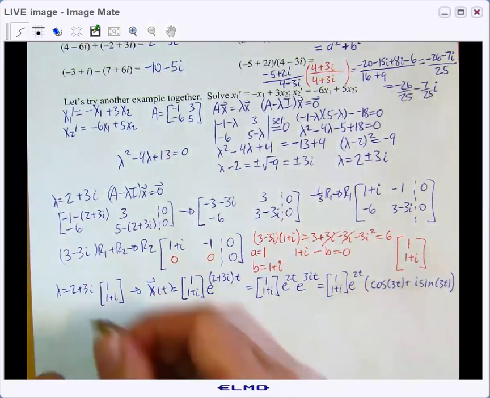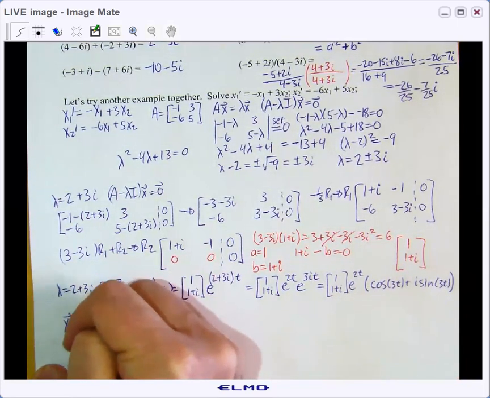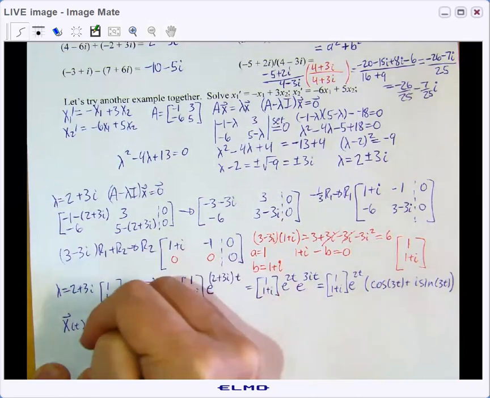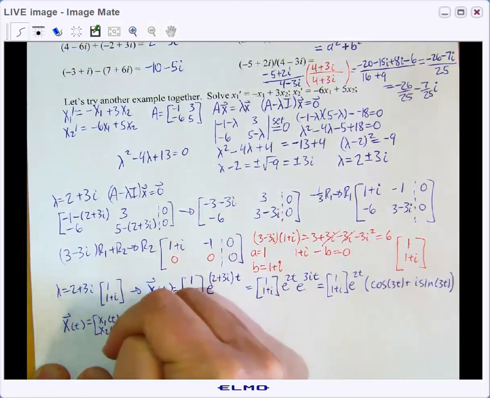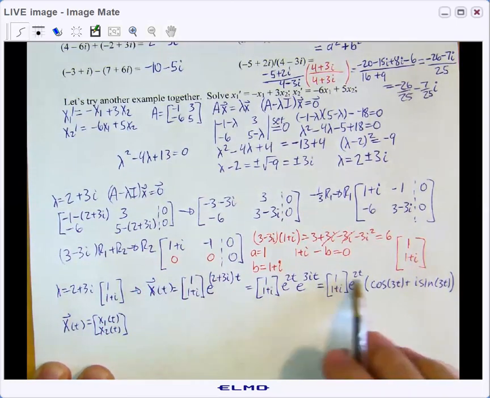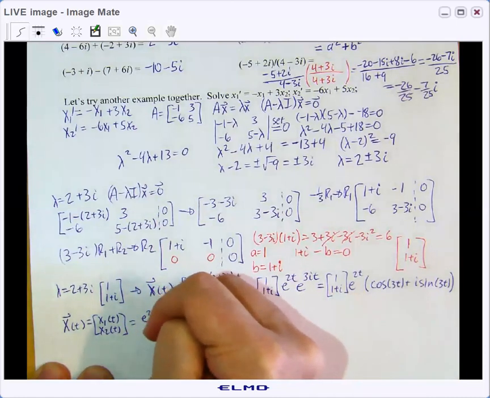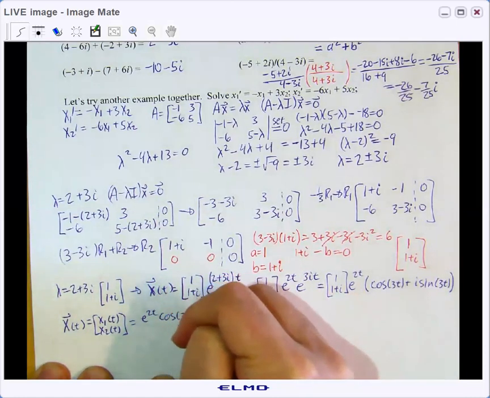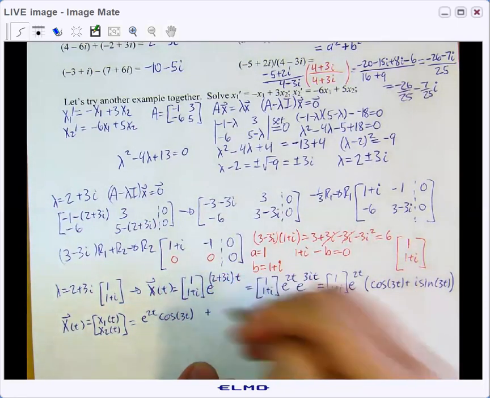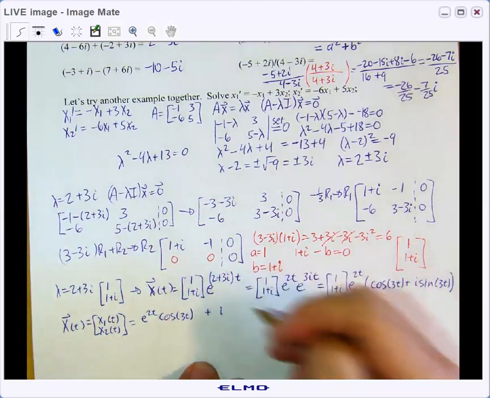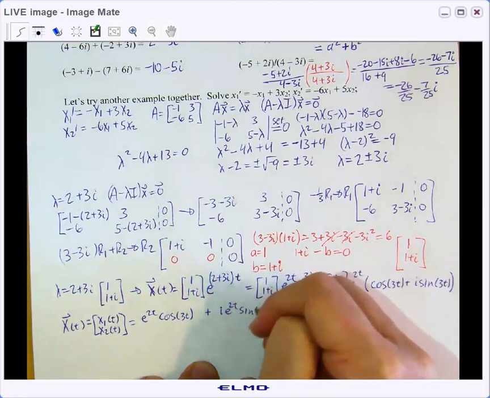So if we do that, our x vector solution is going to be, remember that the x vector solution is the x1 function and the x2 function. So if we multiply this through, we're going to get e to the 2t cosine of 3t, and then we'll get plus i e to the 2t sine of 3t.